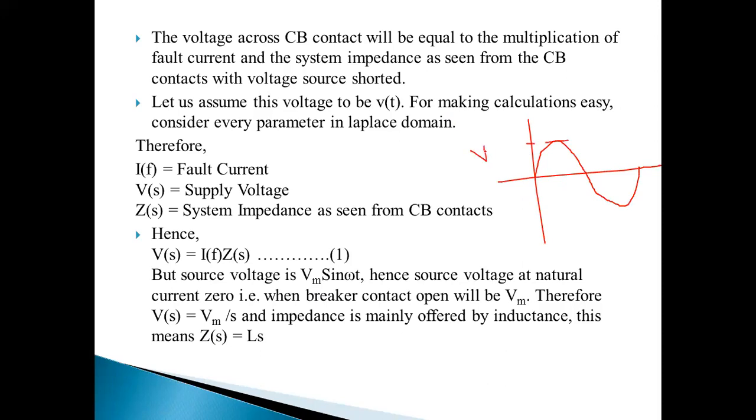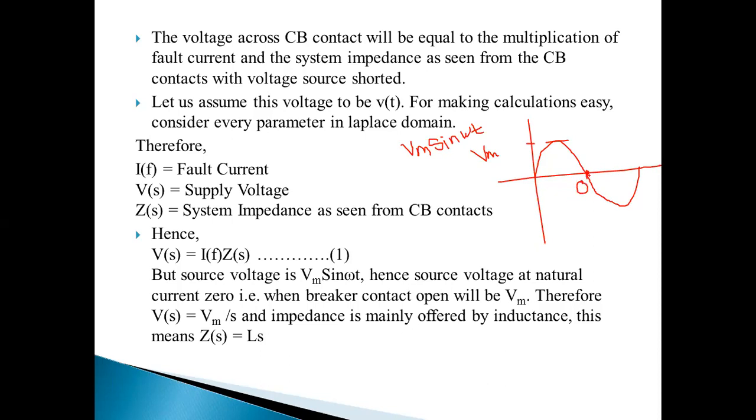For any AC circuit it is written as Vm sine omega t. But what we are doing is finding the restriking voltage at current zero instant.